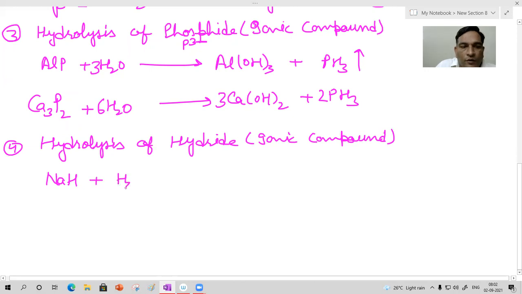Sodium hydride plus water. Water is treated as H plus and OH minus, ion exchange reaction. We are getting NaOH plus H2. This is an important point, my dear. Na plus and H minus. H minus and H plus release hydrogen gas.